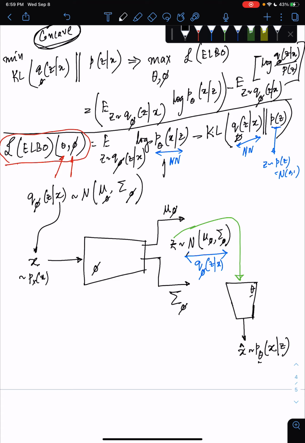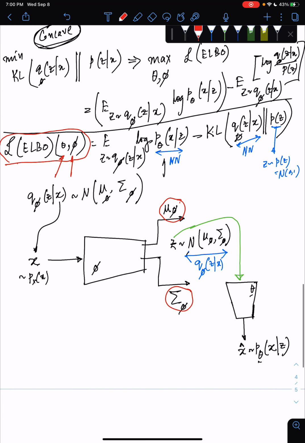If we don't have this mu and this sigma, we'll have a standard autoencoder, but that is a different topic and I don't want to go into it. This is a variational autoencoder because it has a probabilistic element, a stochasticity, in it: the z's are not fixed vectors, they are random vectors sampled from a normal or Gaussian distribution.